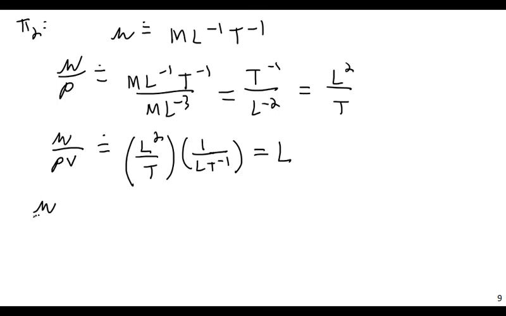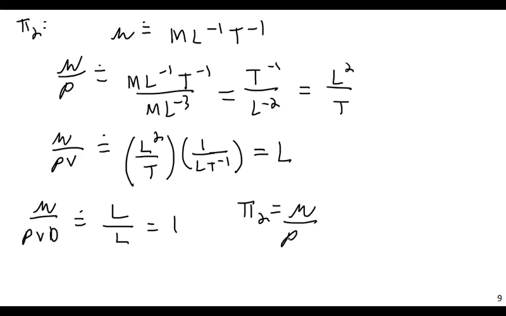If I just divide everything by d, suddenly I'll get a dimensionless number. So I have my same rho v d. Well, all this has units of length. So if I divide by d, which is diameter, which is also length, I just get 1. There we go. And so then my pi 2, my second pi term, can be simply mu divided by rho v d, or rho d v.